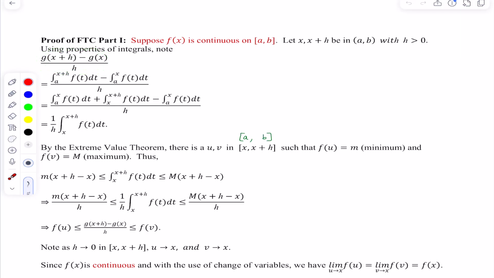One property that you want to have mastered is this one. This looks like the cut and paste property of integrals, where you're simply splitting up the domain.